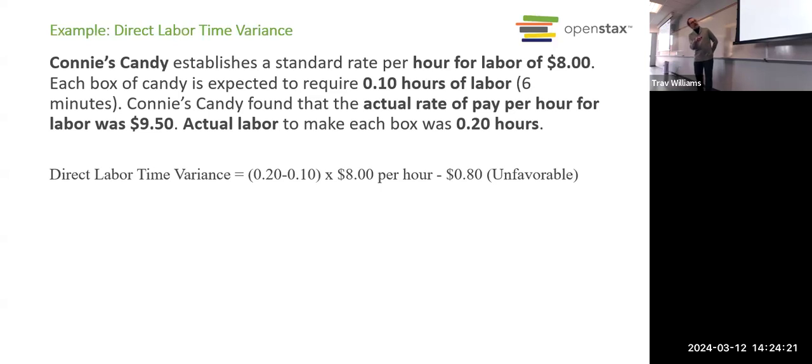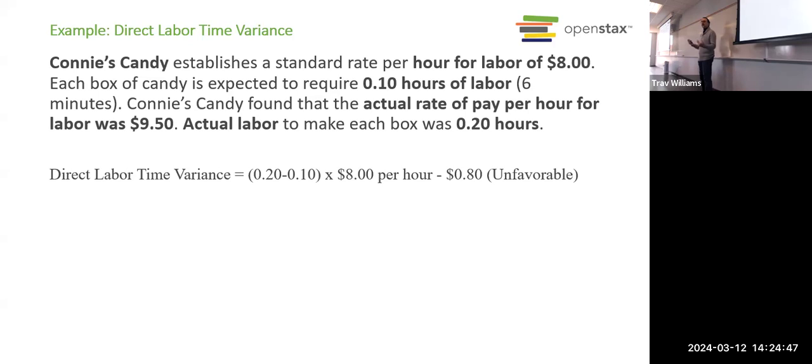Okay, again, the actual time it took was 0.2 hours per box. The standard is 0.1 hour per box. That's a difference of 0.1 hours per box, right? Times the standard rate, that's 80 cents unfavorable. Because for some reason it's taking our workers longer to make the candy.